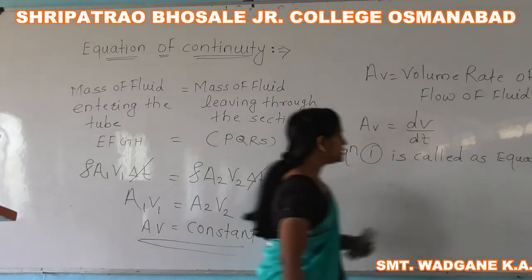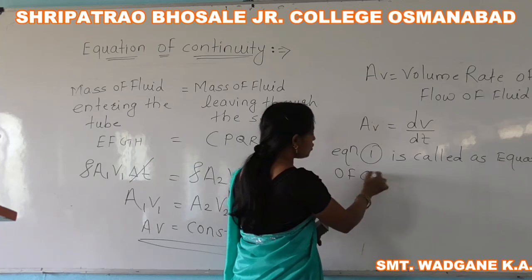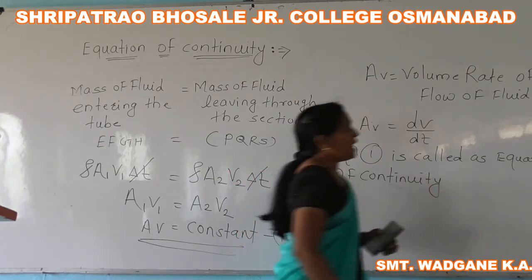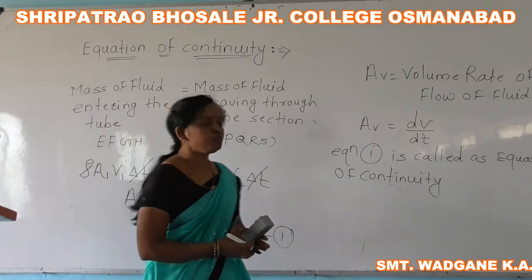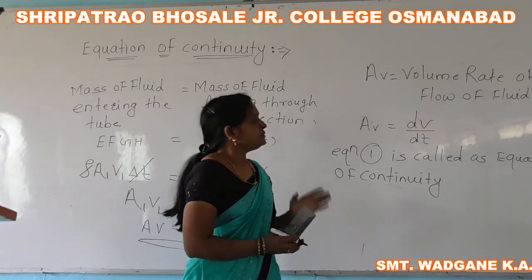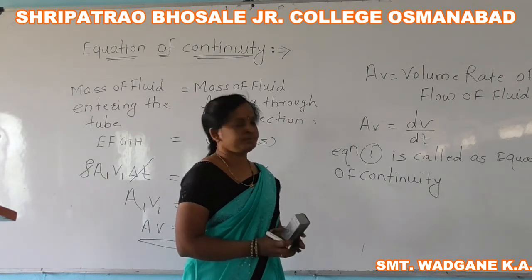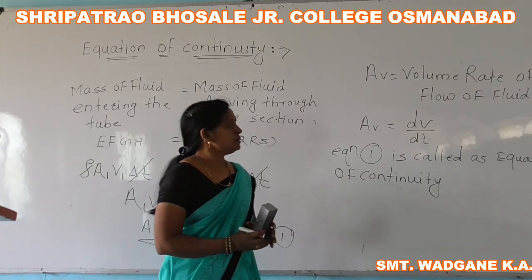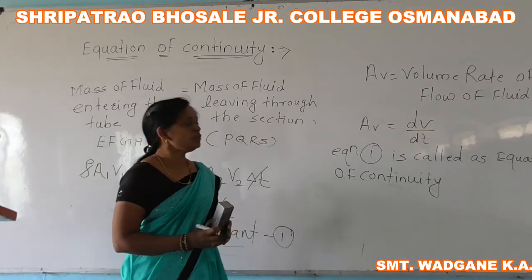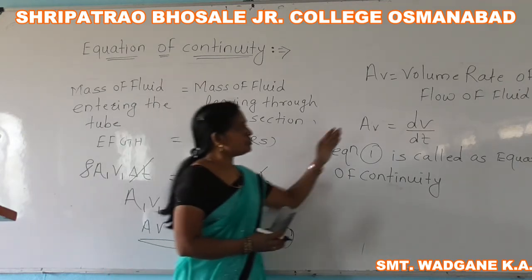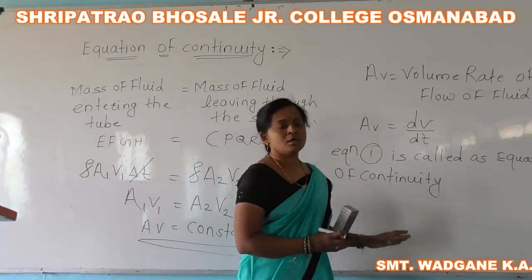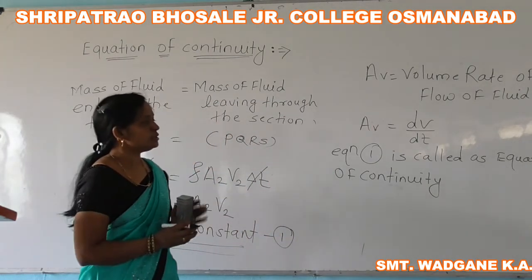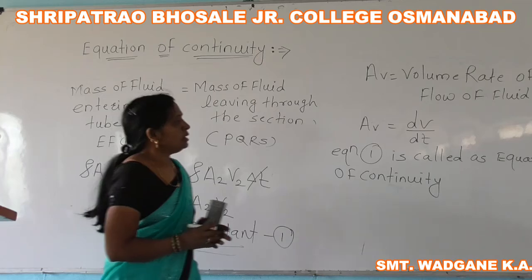Therefore we can say that in fluid dynamics the volume rate of flow of fluid is the same throughout the flow. That is, the volume rate of flow of fluid remains constant throughout the flow.